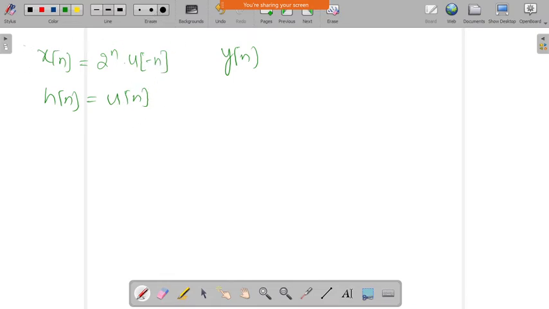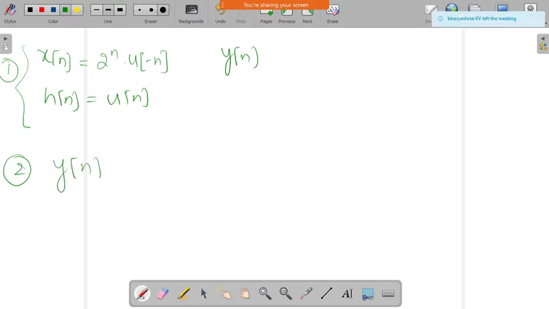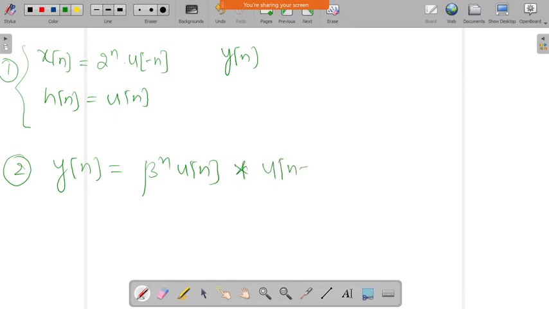Try to practice this one, and the second one, try to do this also. This is one of the important problems. y of n is equal to beta power n into u of n. Now here this is x of n convolution with u of n minus 3.